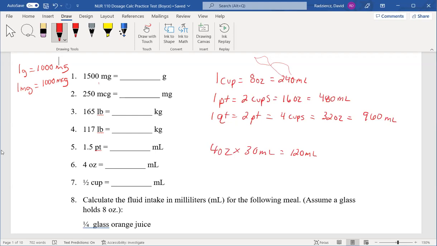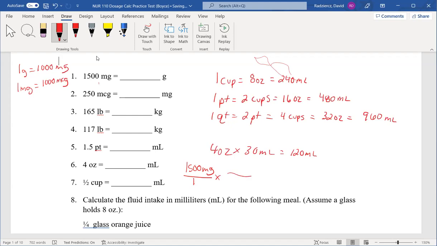And if you ever get stuck, if you're using dimensional analysis, that usually helps you to get unstuck. What I mean by that is, let's say I'm at 1,500 milligrams and I want to convert that to grams.